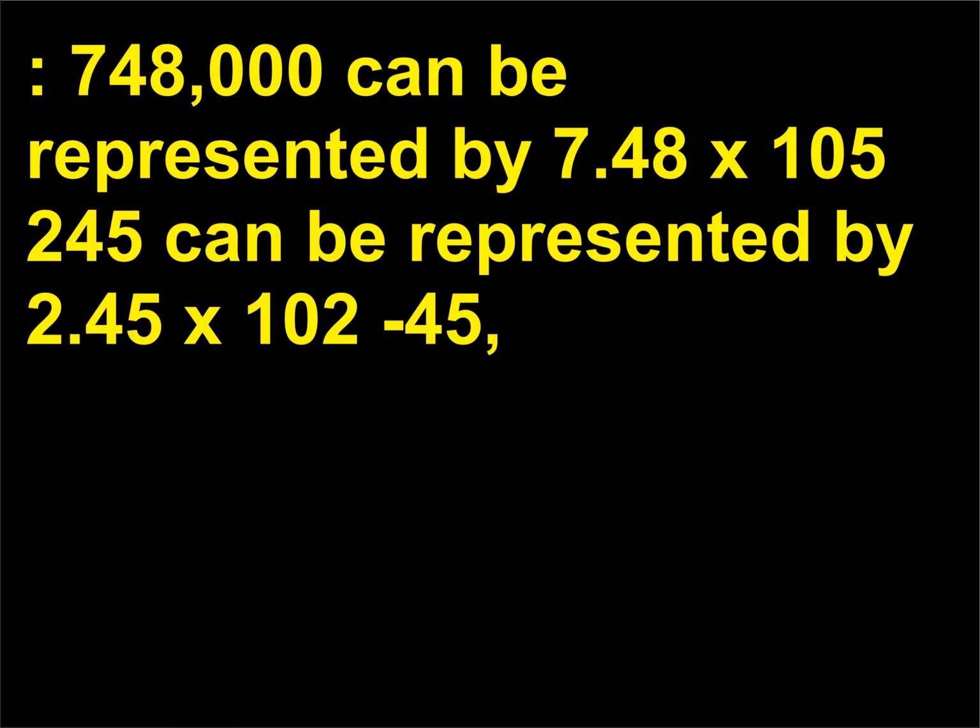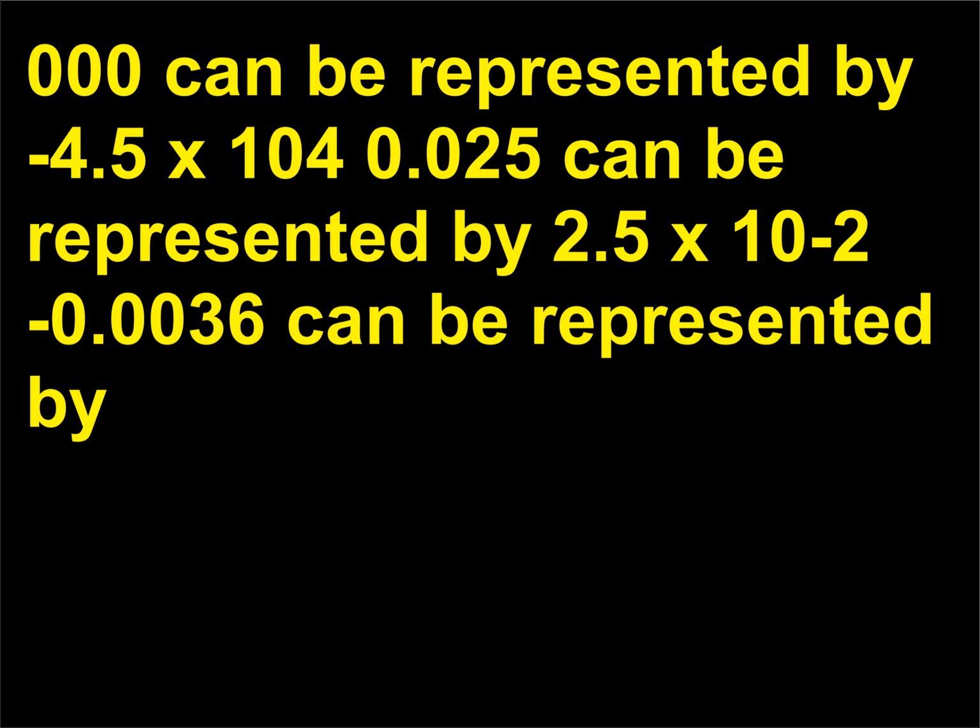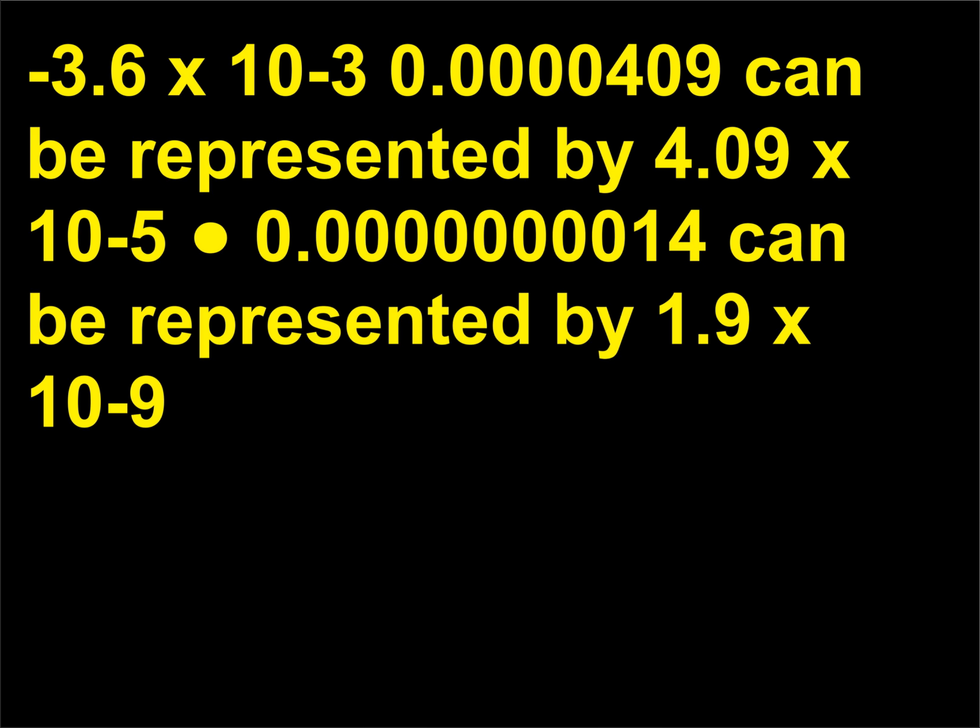Minus 45,000 can be represented by minus 4.5 x 10^4. 0.025 can be represented by 2.5 x 10^-2. Minus 0.0036 can be represented by minus 3.6 x 10^-3. 0.0000409 can be represented by 4.09 x 10^-5. 0.000000014 can be represented by 1.4 x 10^-8.